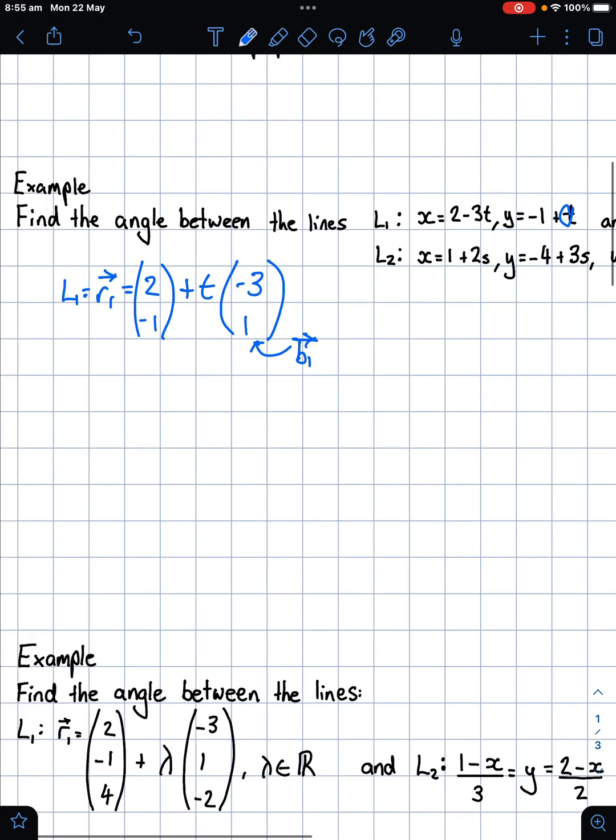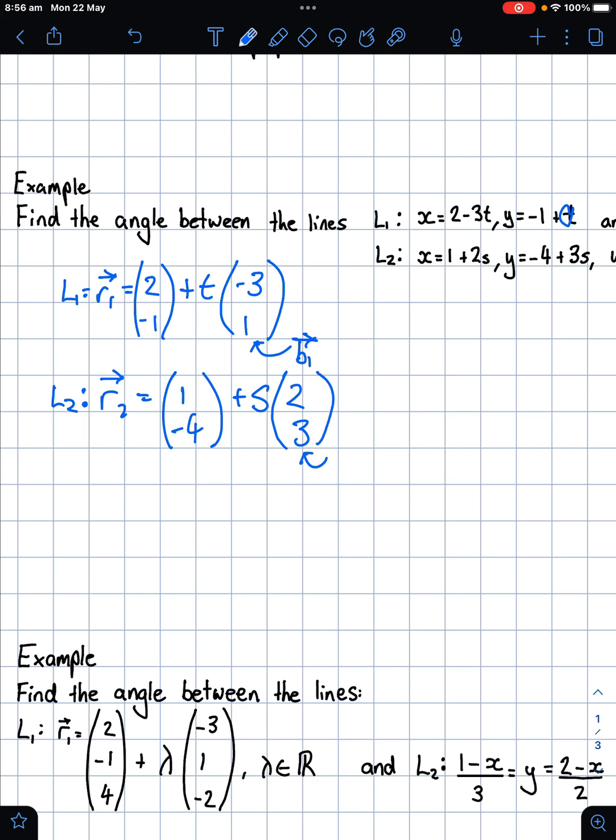We've then got L2, which is going to be given by R2 equals (1, -4) plus, now they've picked S as the variable, so S times (2, 3). And this here is B2, which is a vector as well.